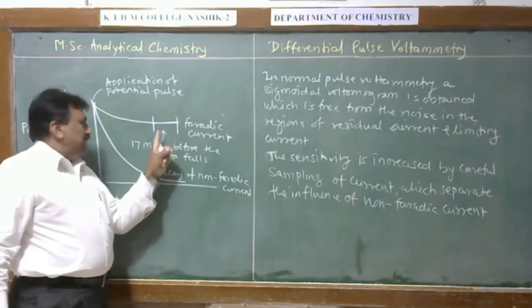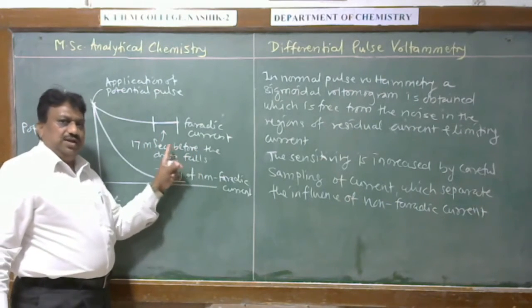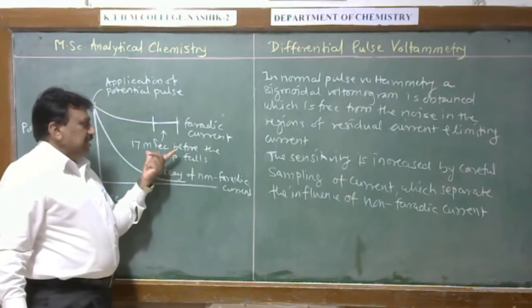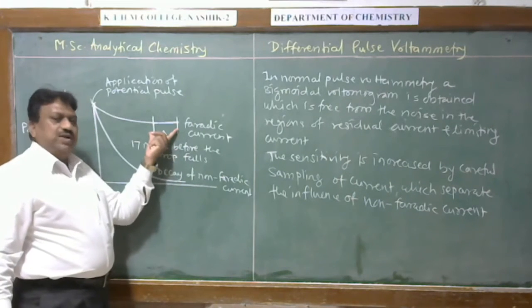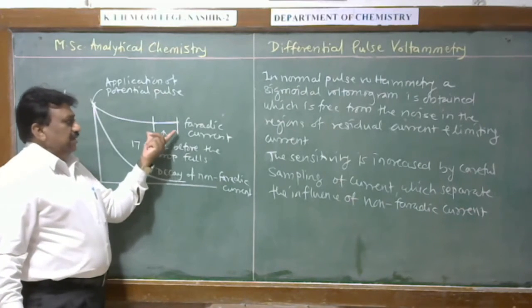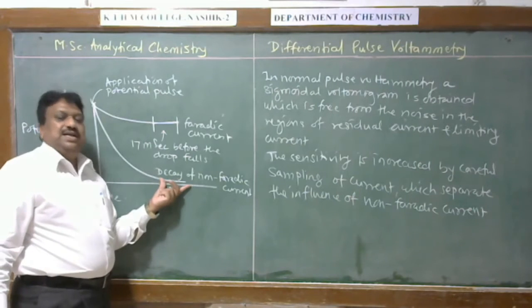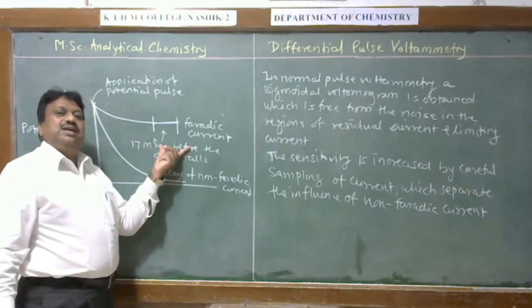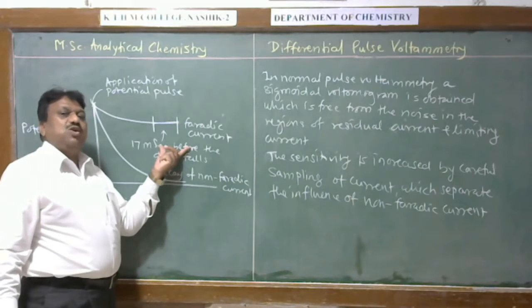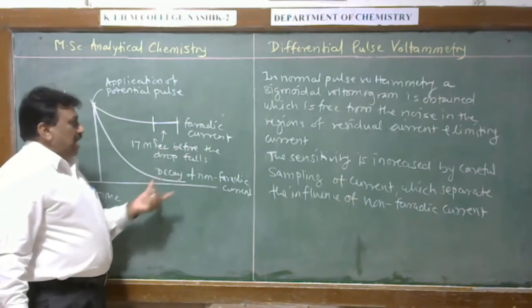Simply, it is possible by sampling the current just before the drop falls into the analyte solution. That is, the current sample measurement is carried out at the end of the life of the mercury drop, and hence the ratio of Faraday current to non-Faraday current increases sufficiently, and that increases the sensitivity of measurement up to 10 raised to minus 8 moles.